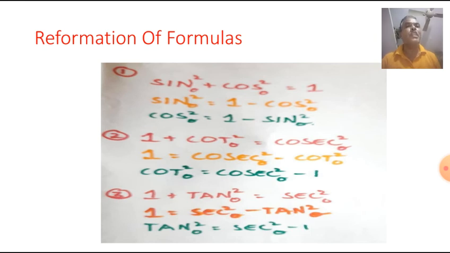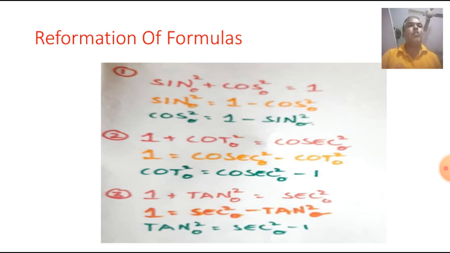Similarly, cot square theta is equal to cosecant square theta minus 1. Here I shifted plus 1 to the other side of the equals, that 1 becomes minus. Therefore cot square theta is equal to cosecant square theta minus 1. Third formula is 1 plus tan square theta is equal to secant square theta.